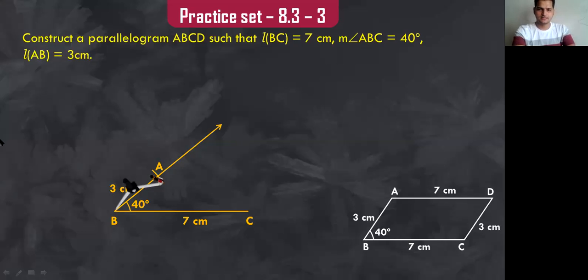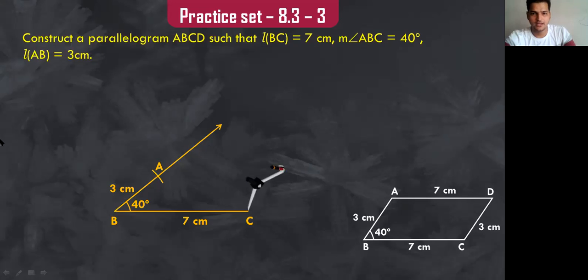Now students, if you use the property of a parallelogram, the opposite sides are congruent. So if BC is 7, then AD will also be 7 centimeters. And if AB is 3 centimeters, then segment DC is also 3 centimeters.